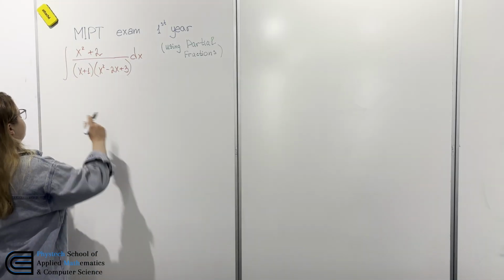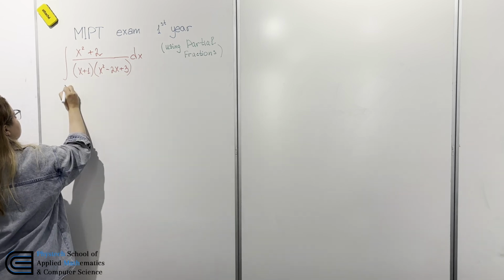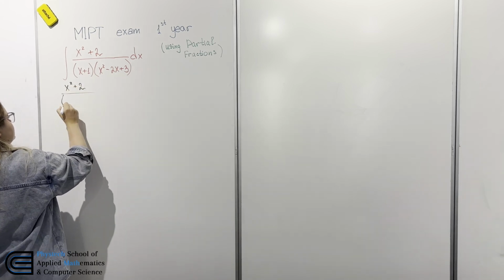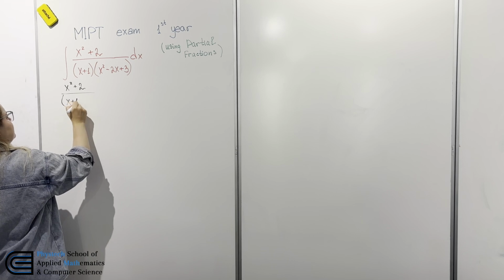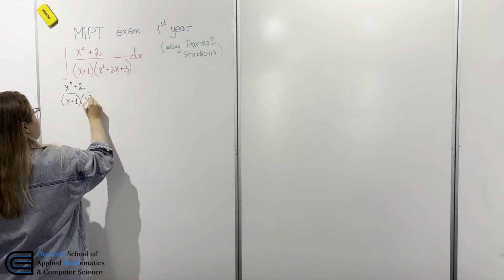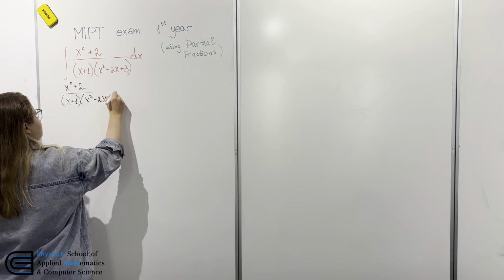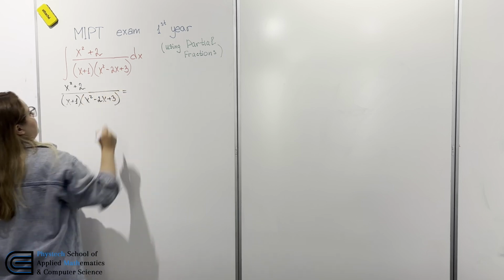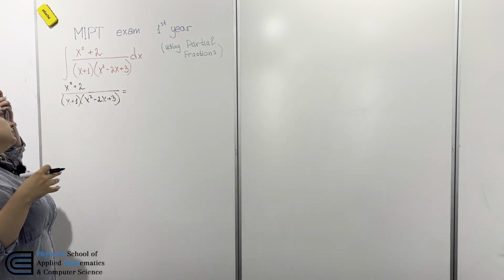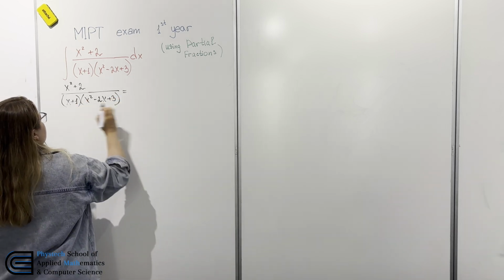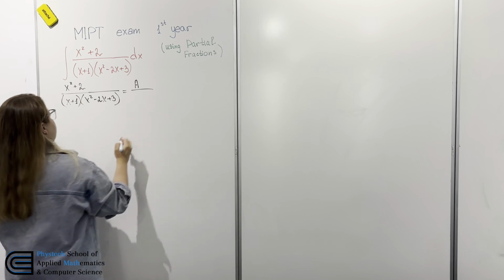So we want to present this fraction, (x squared plus 2) divided by (x plus 1)(x squared minus 2x plus 3), as a sum of other fractions. So let's see what it will be here.